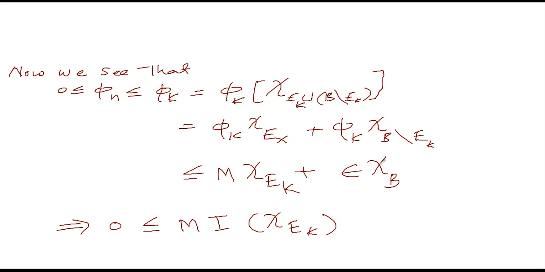So on b minus ek, this phi k is less or equal to epsilon, and phi k is less or equal to m throughout for each x. But on this particular set b minus ek, it's less or equal to epsilon. Now we apply the integration. This gives 0 less or equal to m times, m is a constant number, m times the integral of chi of ek plus epsilon times the integral of this function chi of b.